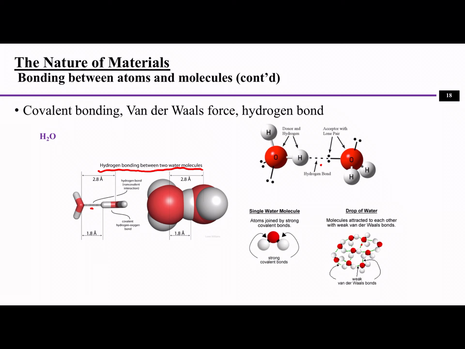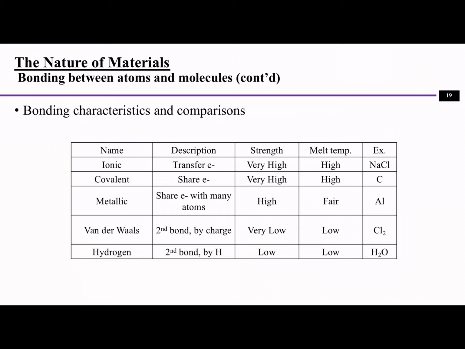For van der Waals forces, you can see those green ones are van der Waals forces. It's a little bit weak, but if it is within the molecule, this is how it forms the molecule. So these bonds are covalent bondings, and they are much stronger than van der Waals bonds or forces.